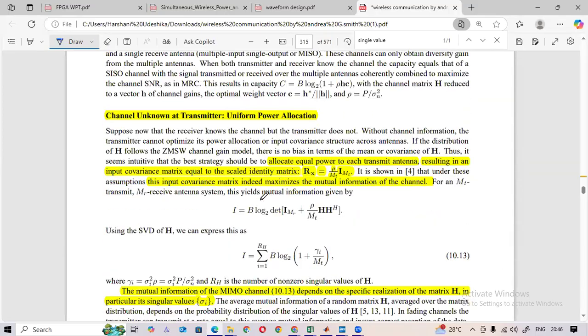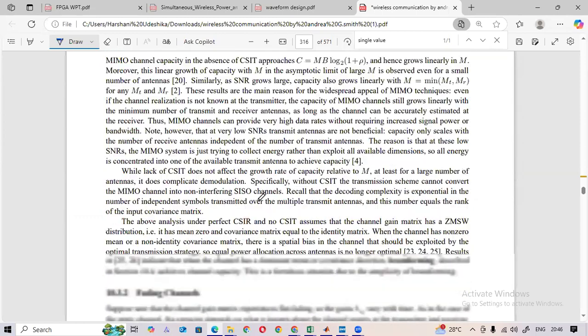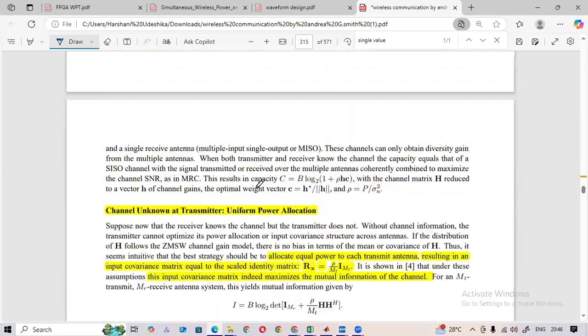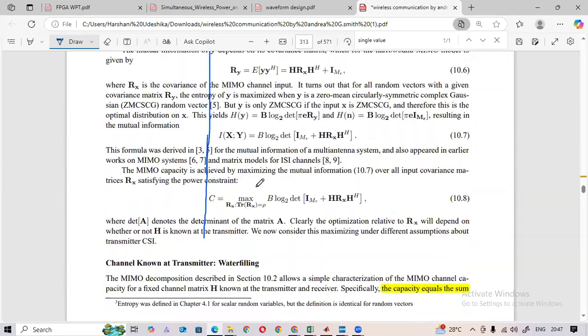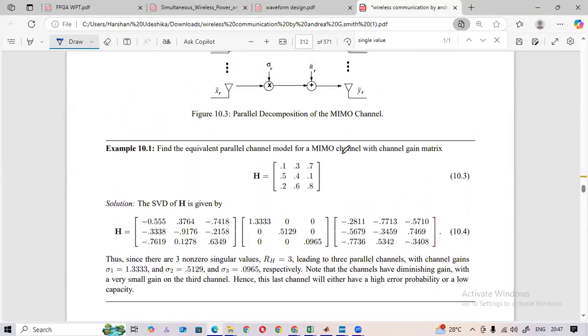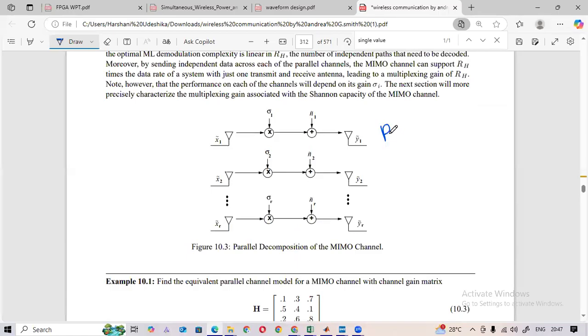Example. So for matrix-related things, maybe you need to find the rank of the matrix. Just see that one also. Memorize how to find the rank of a matrix.